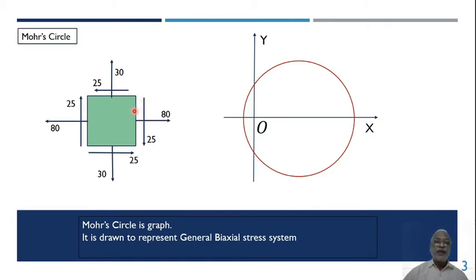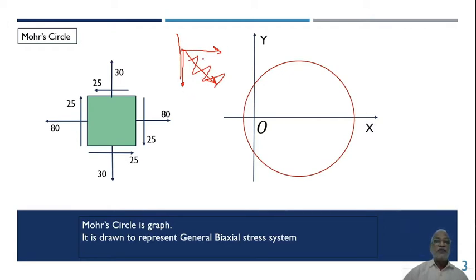Even if you have an inclined stress on one face, it can be resolved into a component parallel to the face and a component perpendicular to the face, and then we can remove the inclined one. So this becomes a normal stress, this becomes a tangential stress.